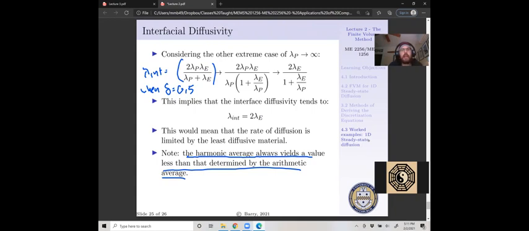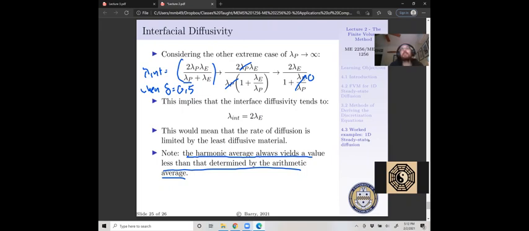We can factor out a lambda p, and we'd have lambda p times the quantity 1 plus lambda e per lambda p. In this situation where lambda p tends to infinity, this term will tend to 0, so we'll be left with 2 lambda e. Now this also places a limit on our system, which is good.